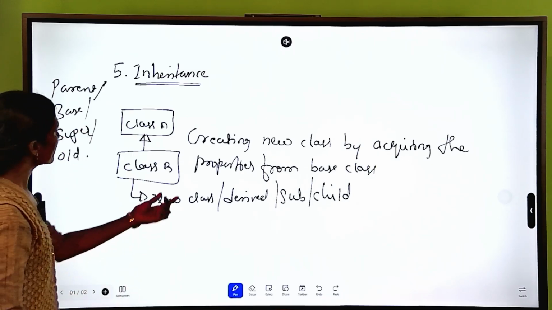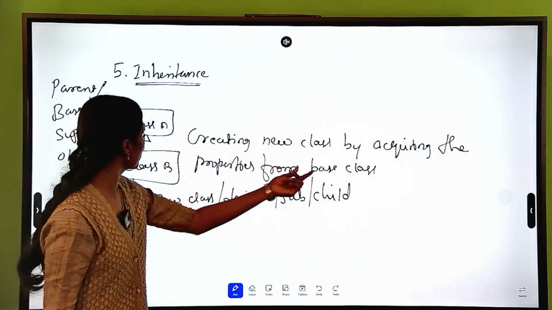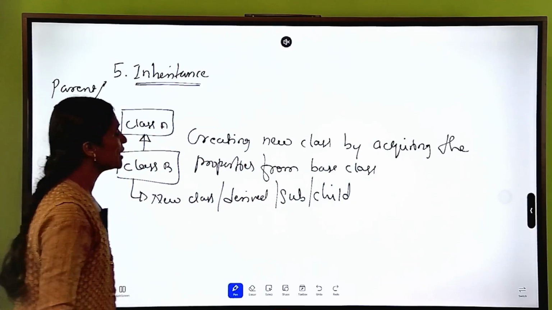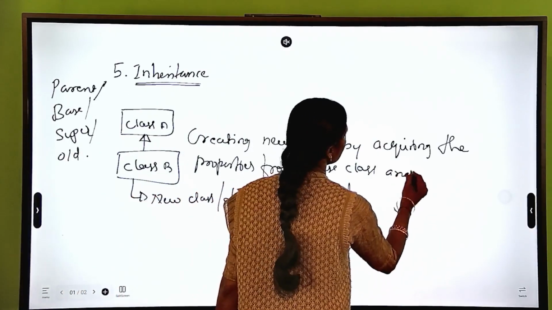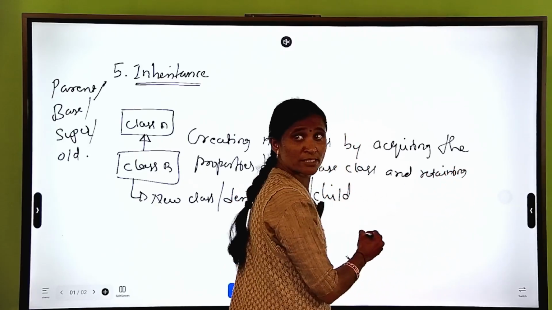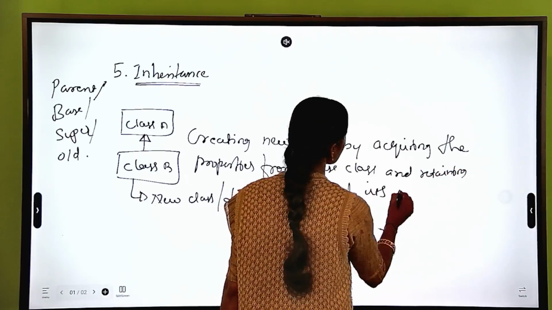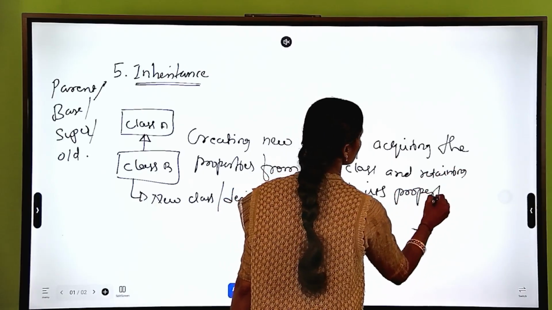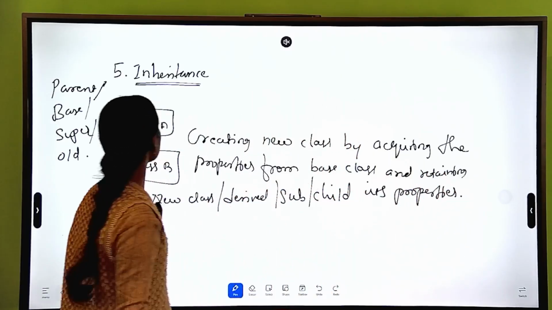So here we are creating a new class by acquiring the properties from the base class and retaining its own properties. This is very much important. Retaining its properties. This is called inheritance.